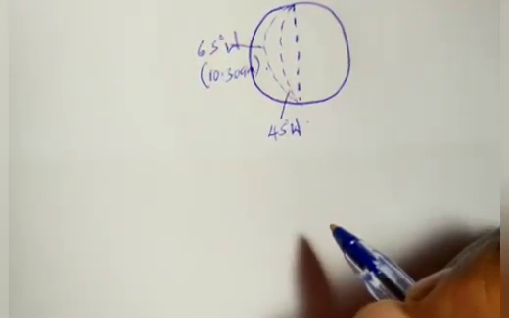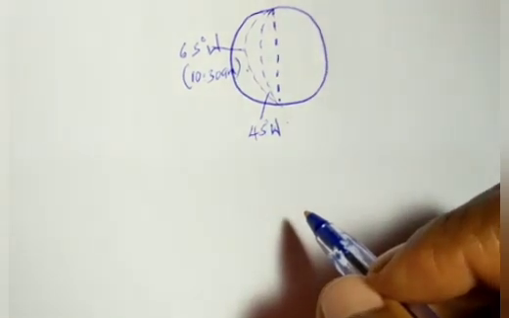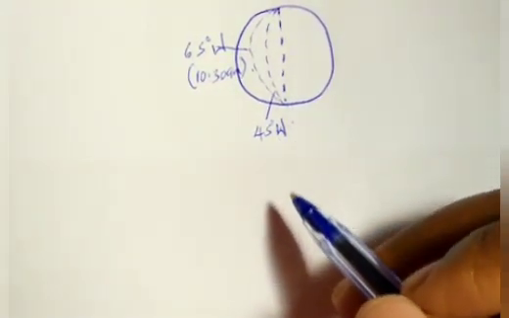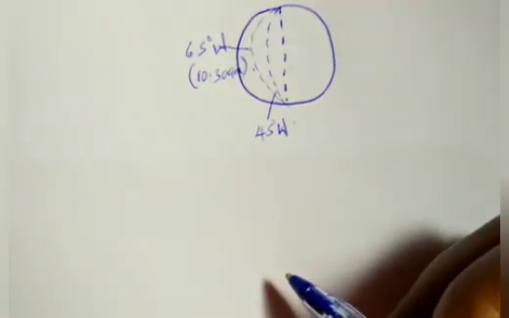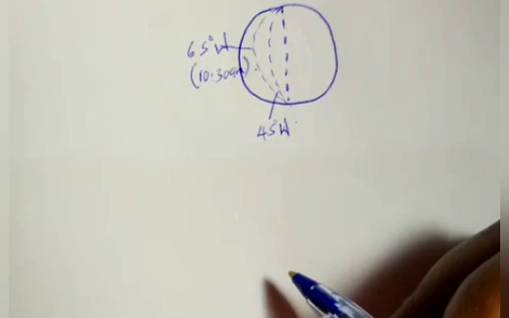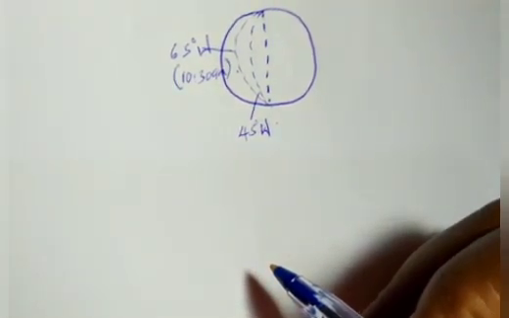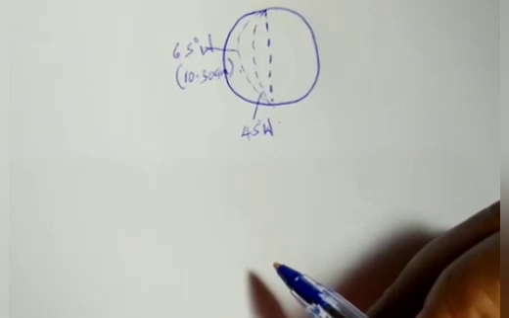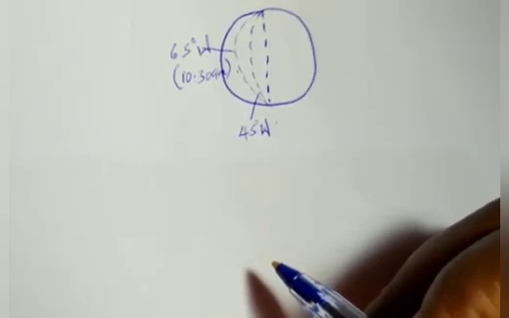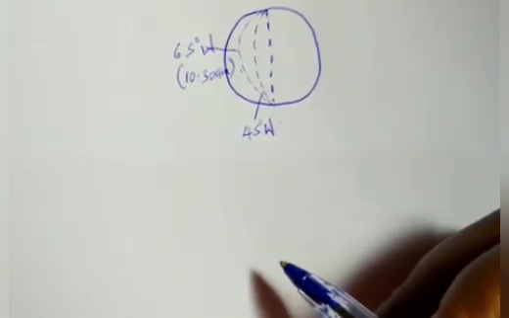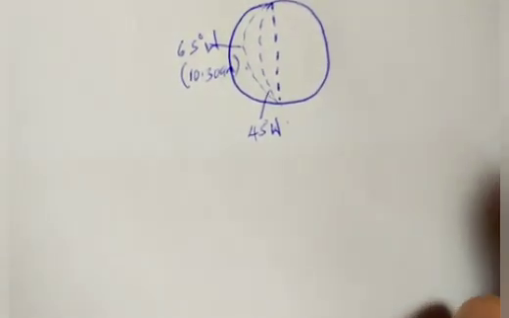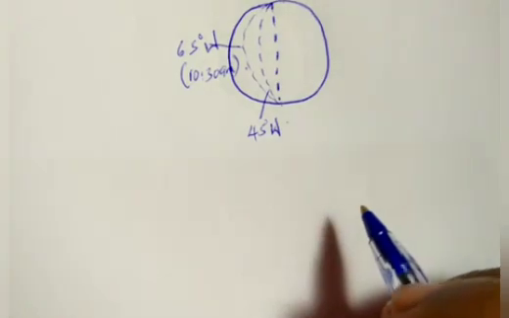So what you're supposed to know is that because these two longitudes are on the same side of the prime meridian, we subtract. And I stress the word subtract. When the points are on the same side of the prime meridian, that is they are at the west of the prime meridian or even at the east of the prime meridian, we subtract the longitudes.